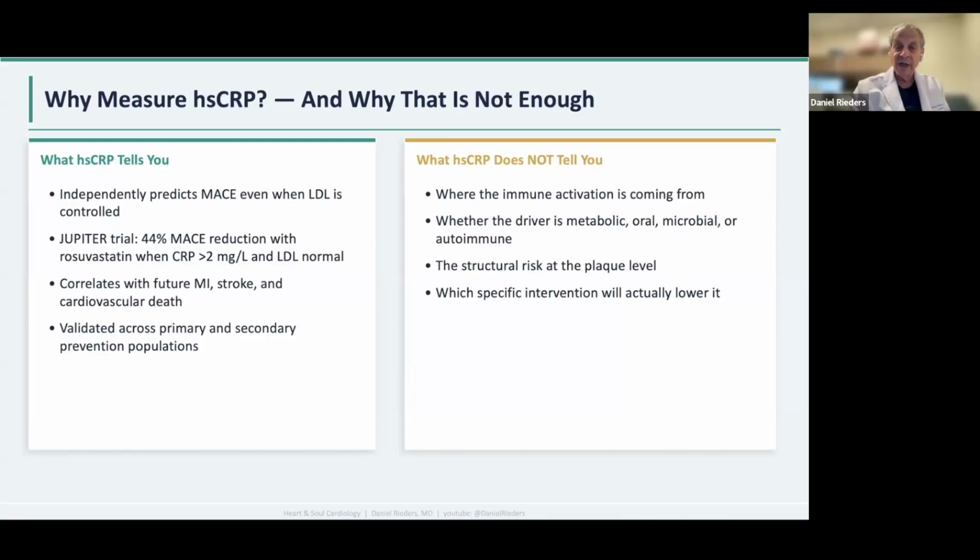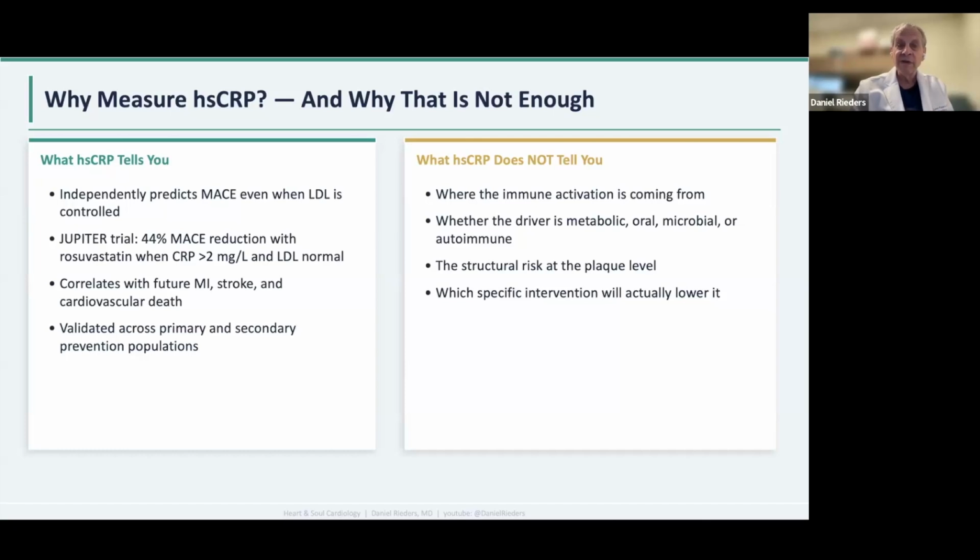So why measure the CRP in the first place? And the fact is that cholesterol is not good enough. Well, there are studies like the JUPITER study, and it's an independent risk factor that predicts something called MACE, major adverse cardiovascular events, and cerebrovascular events, even when the cholesterol is at goal. So it correlates with future heart attacks, strokes, and death.